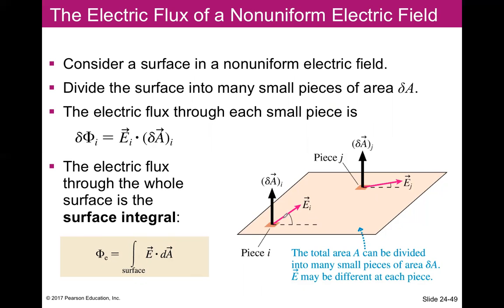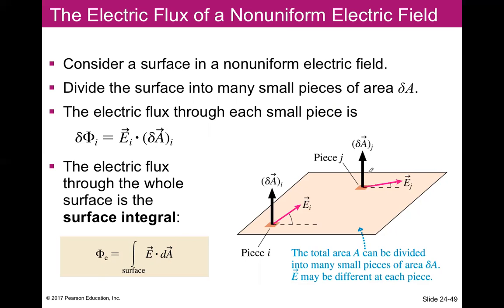If you want to calculate the flux, then of course you can calculate little by little. First, cut the surface into small pieces. For this piece, it's E_i times delta A_i. For here, it's E_j times delta A_j. If you sum them up, you get the total or net flux for this area. If you cut them into infinitely small pieces, then that's not a sum, that's an integral.